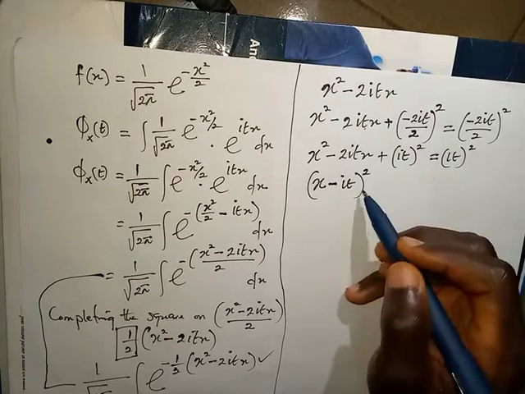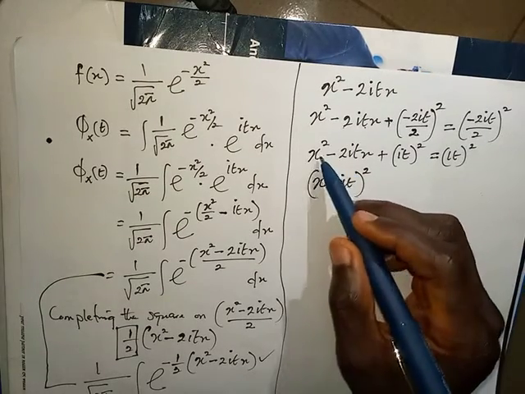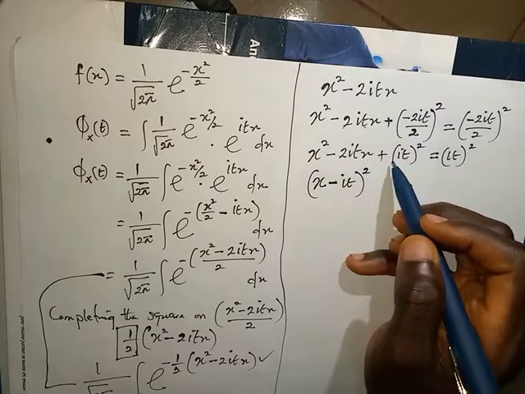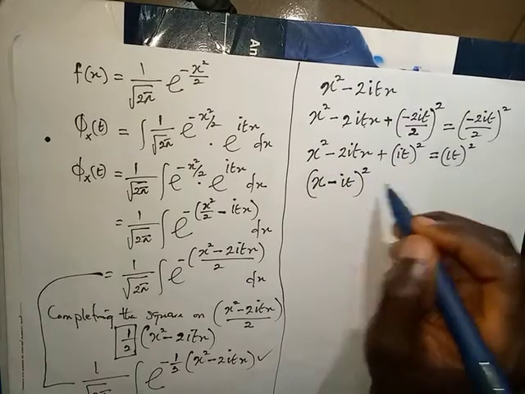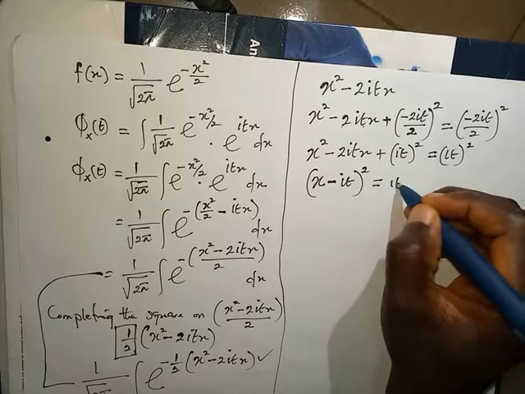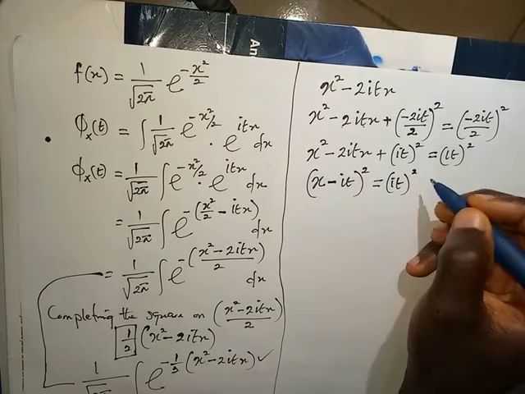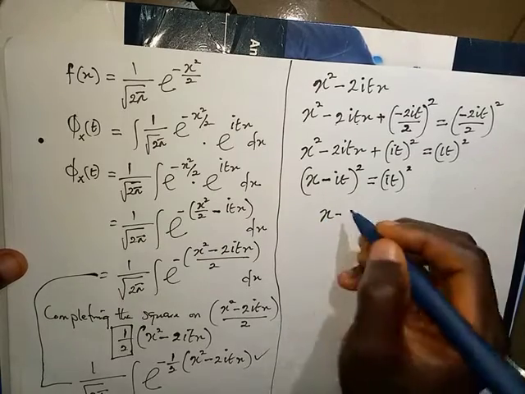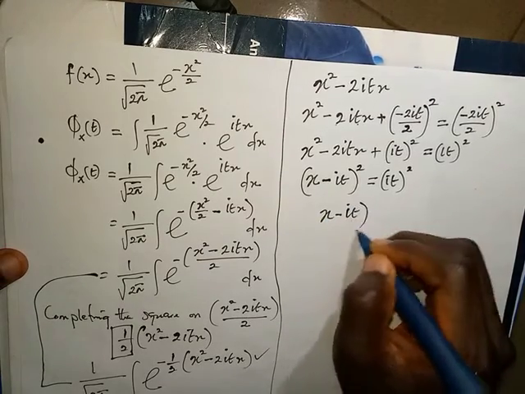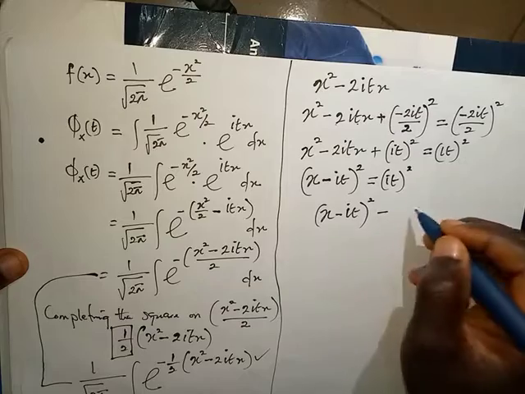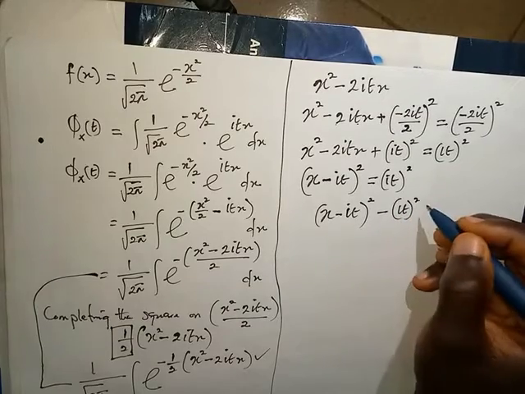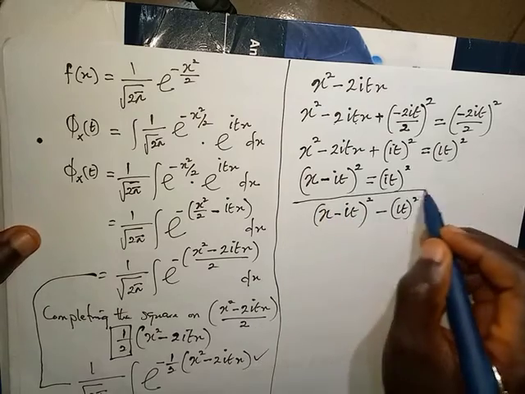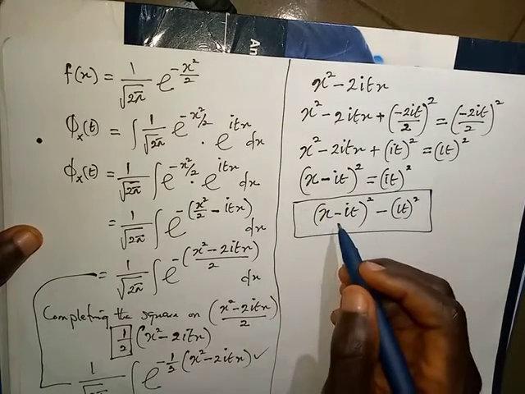If we open this bracket, we're going to have exactly this expression, x squared minus 2 i t x plus i t raised to the power of 2. So if we bring this one in, we're going to have x minus i t raised to the power 2 minus i t all squared. So now this is the result of using the completing the square method.